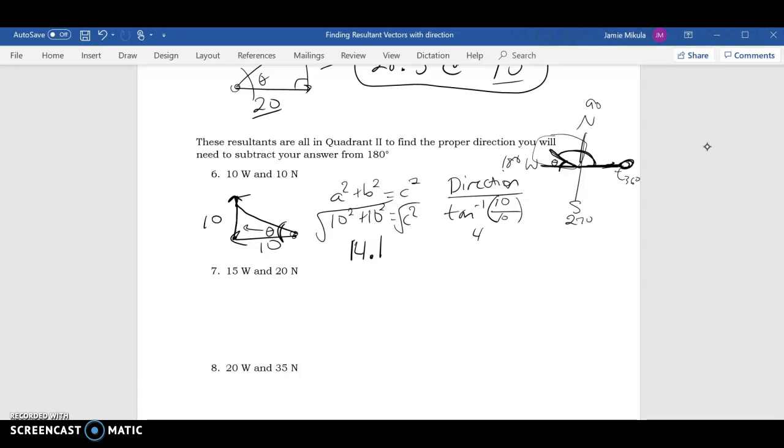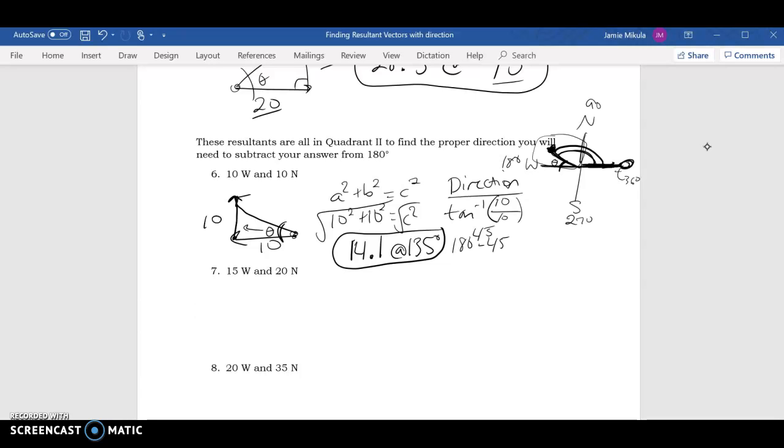I get 45, but that is not my final answer. I have to do 180 minus 45 to get my final answer of 135, so at 135 degrees. So if you're trying to tell somebody to walk that direction, they're starting from 0, but then they have to go all the way over here to walk that direction. All right, so that's your final answer there.